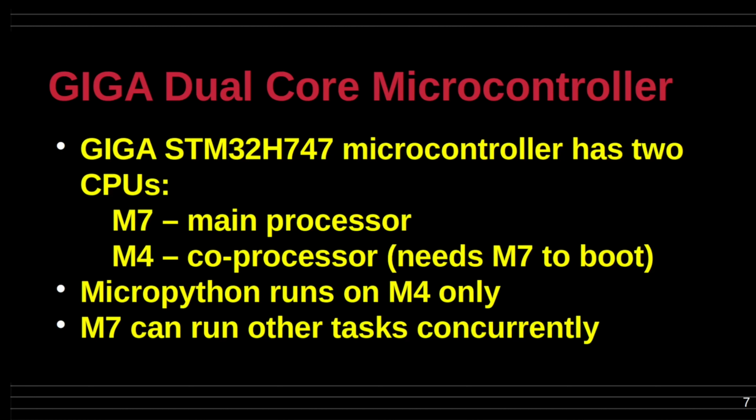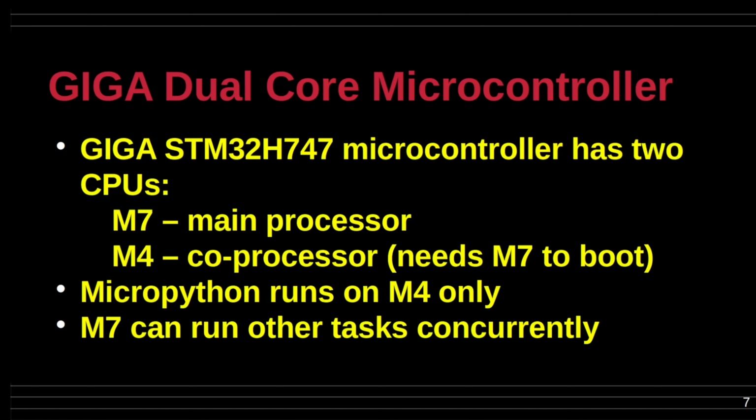Simpler architecture: the M4 core lacks complex features like caches and floating point unit present in M7, simplifying the MicroPython interpreter and potentially improving its stability. Dedicated resources: MicroPython has exclusive access to the M4 core, ensuring smoother and uninterrupted execution of your scripts.